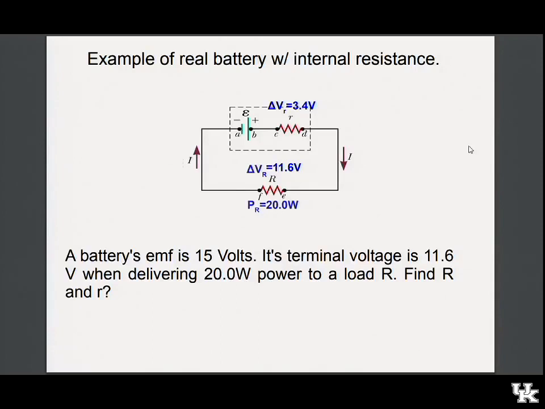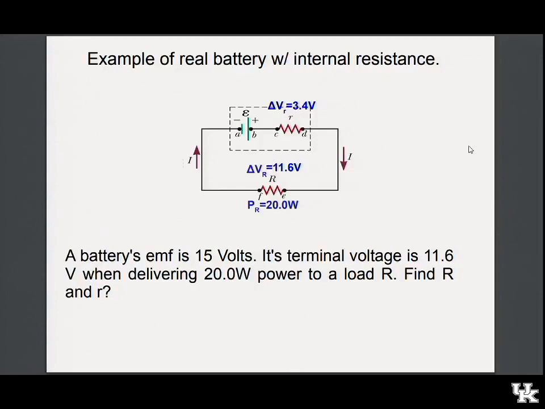So we're given a bunch of information about this circuit. We're given the EMF of the battery, so that's 15 volts. We're given the terminal voltage of the battery. That's the voltage that gets applied to the load resistor. So the load resistor is seeing 11.6 volts.